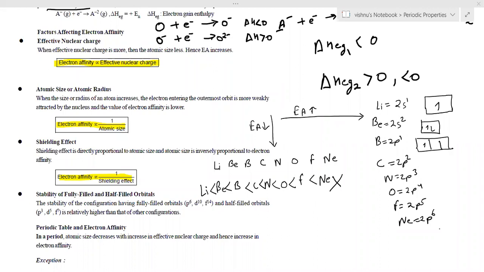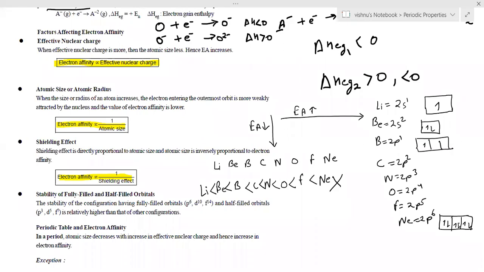So in case of neon, all the p atomic orbitals are fulfilled, right? So obviously there's no space where one electron will be added. So obviously if there's no space, the electron affinity should be minimum.